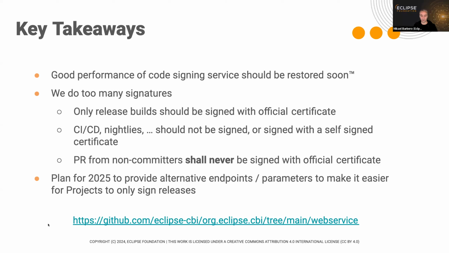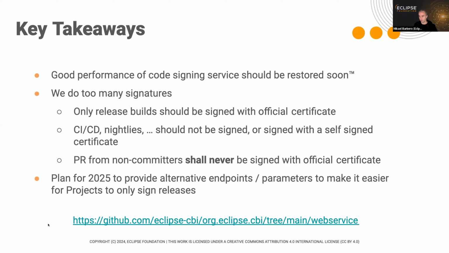Someone could craft a PR to inject vulnerabilities and then distribute their code signed by the Eclipse Foundation. So we sign too many files, and we need to check all those CI builds to remove the automatic code signing of at least the PRs from non-committers.